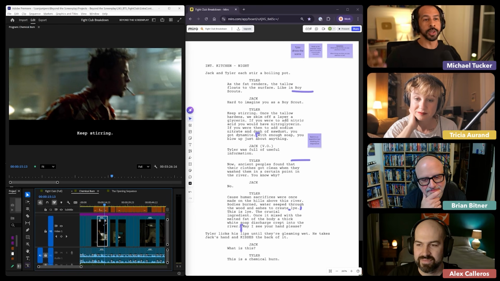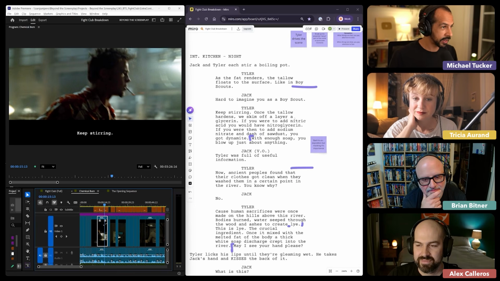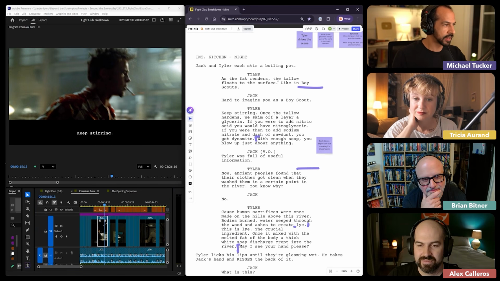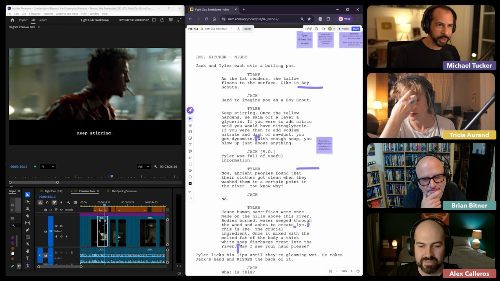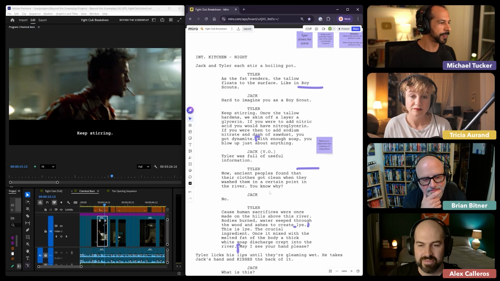You could have come in on just a wide shot of the two of them doing stuff, with Brad Pitt standing in one place and monologuing all of this. But instead, there are these beats in Tyler's lines, like in Boy Scouts, Dynamite, Ancient Peoples, which I'll talk to in a moment, that are punctuated by how he moves through the scene.